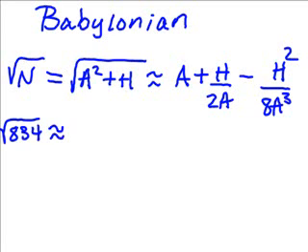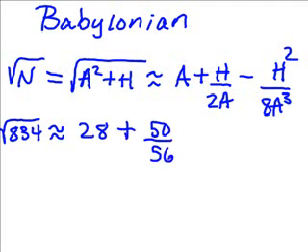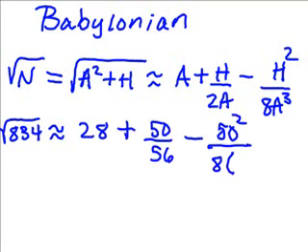So I know that the square root of 834 is going to approximately equal 28 plus 50 over 56 minus 50 squared over 8 times 28 cubed.